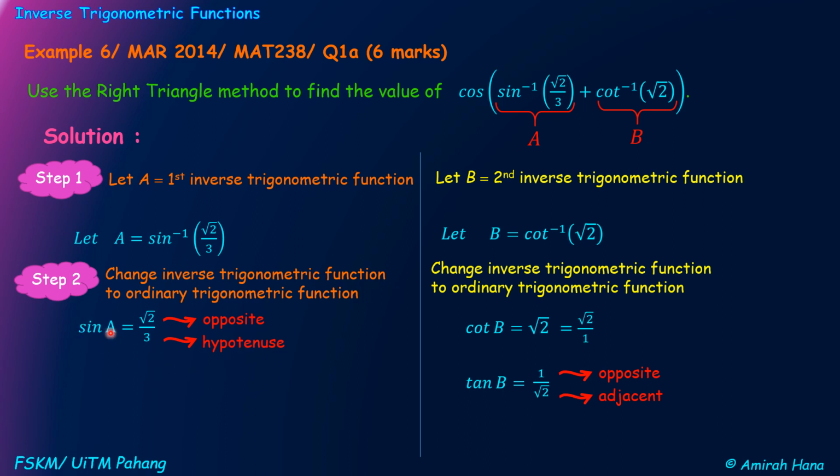So from sine A equals sec2 over 3 and tangent B equals 1 over sec2, we can draw a right angle triangle in step 3.